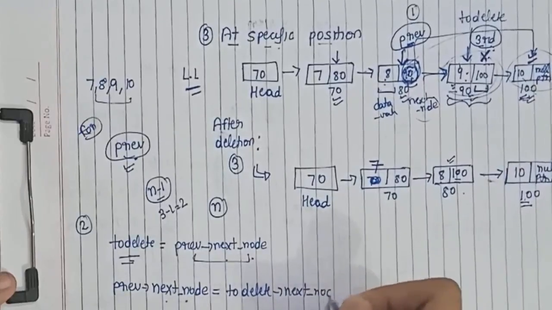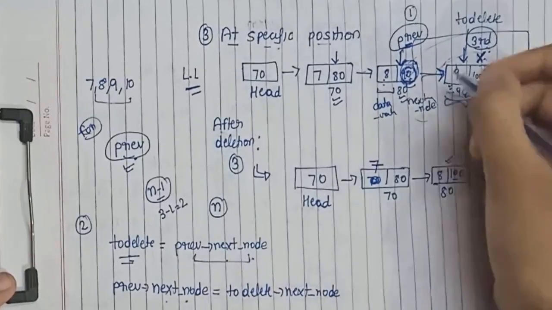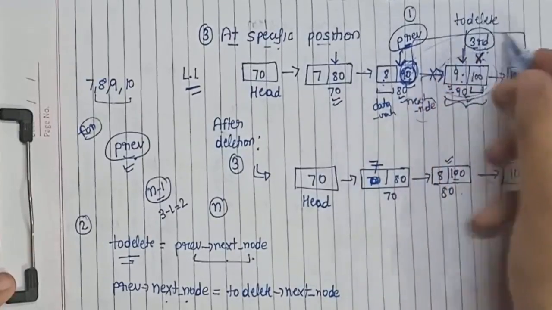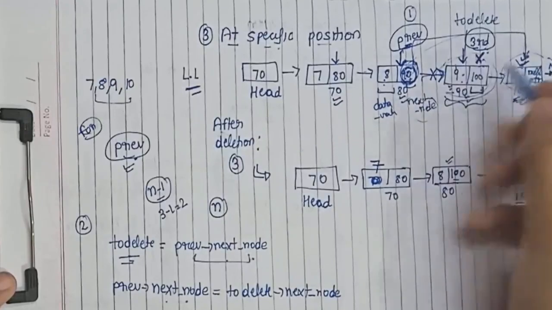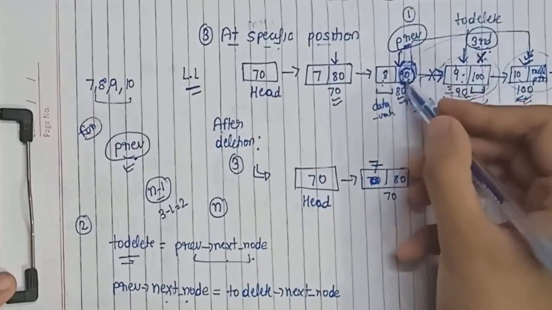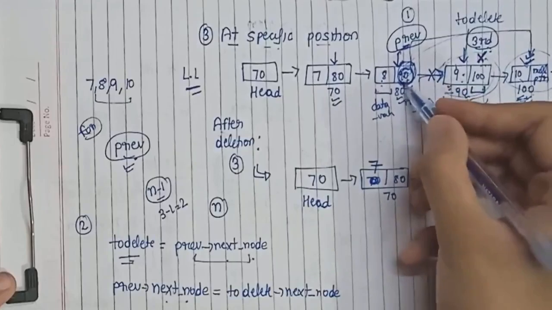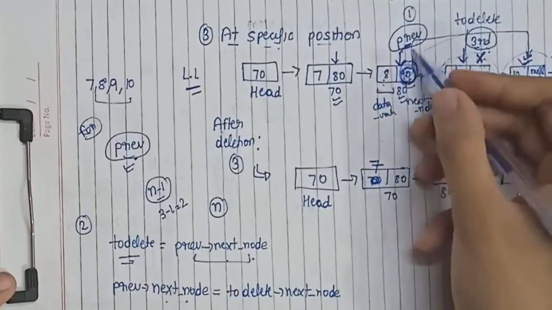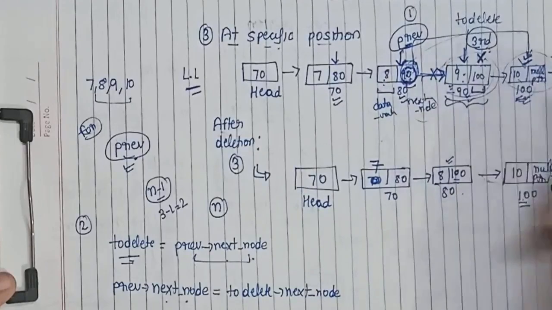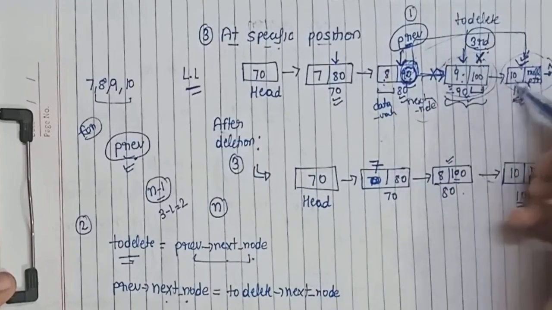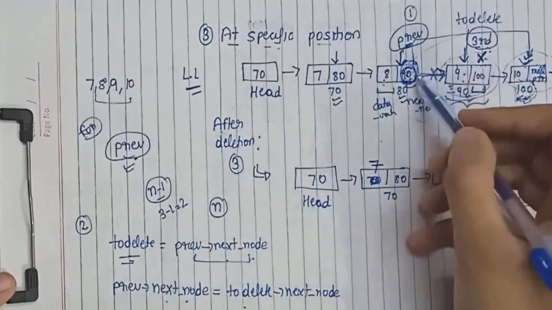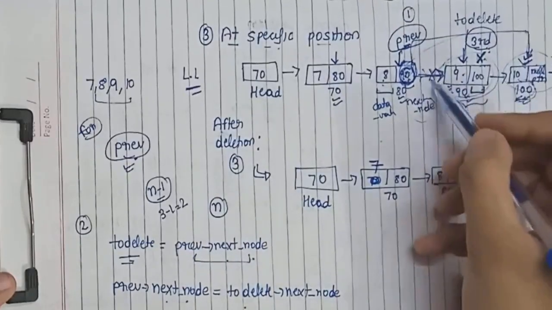After this assignment, this link will be broken and this particular link will be created, because now address 90 is not stored here, 100 is stored. So the link with 90 will be broken and the link with the node at the 100th address will be created with this assignment.